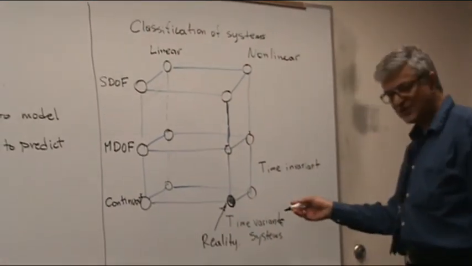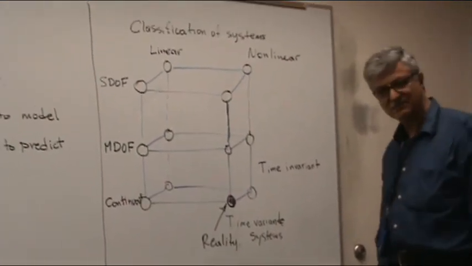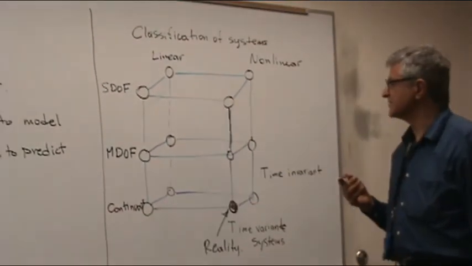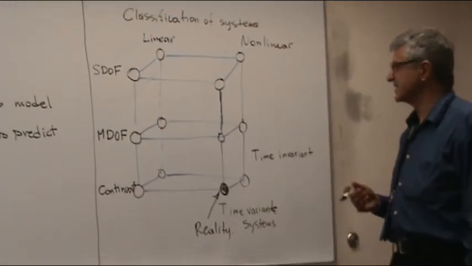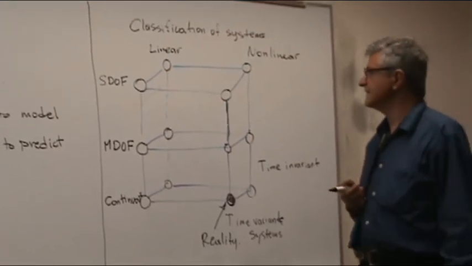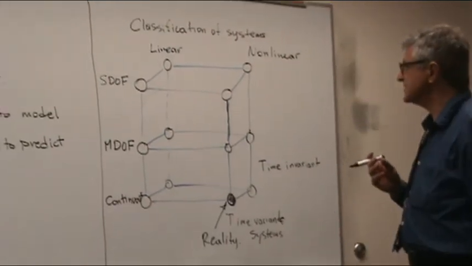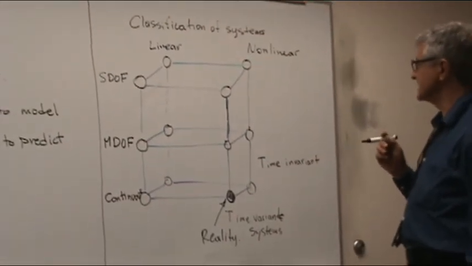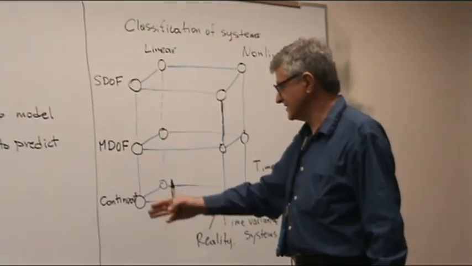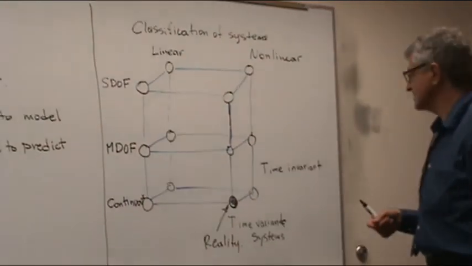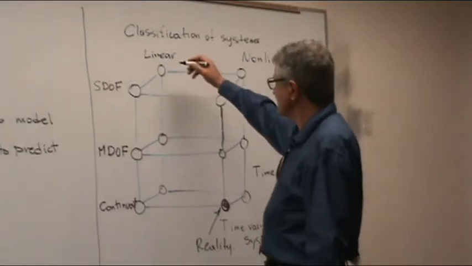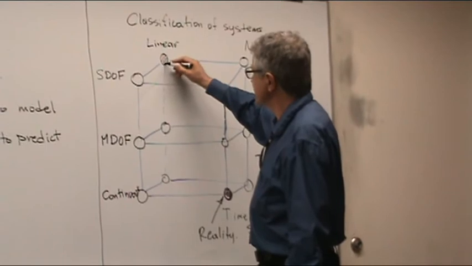Okay? Most of the time, as we said, we want to do simplifications, so we may work with other types of systems, such as linear. You may consider that the systems are time invariant. In this course, we're going to consider linear systems. They can be single degree, multi-degree of freedom systems, or continuous, but they are time invariant. So what we'll focus on is linear systems.